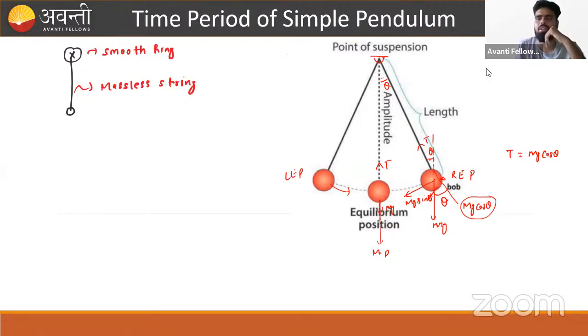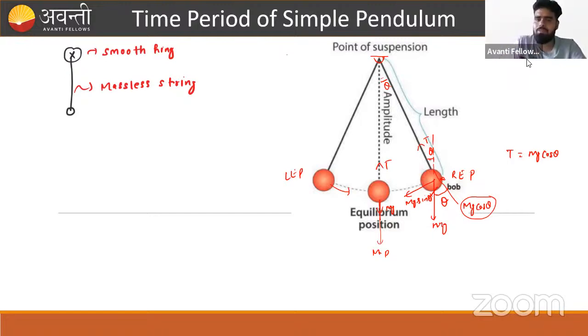What about mg sin theta? Who will balance mg sin theta? Can anybody tell me which force comes into the picture to balance mg sin theta? Your answer is, sir, there is no force to balance mg sin theta because there is no force present.